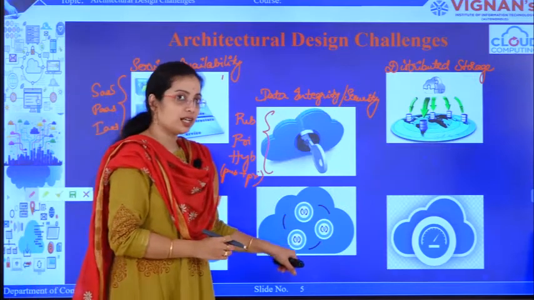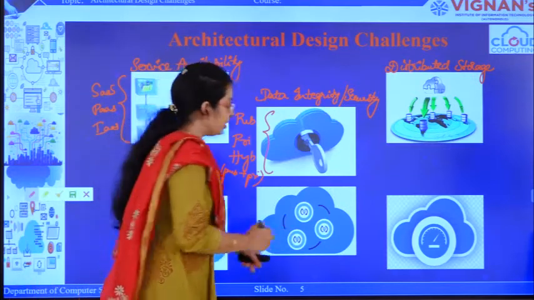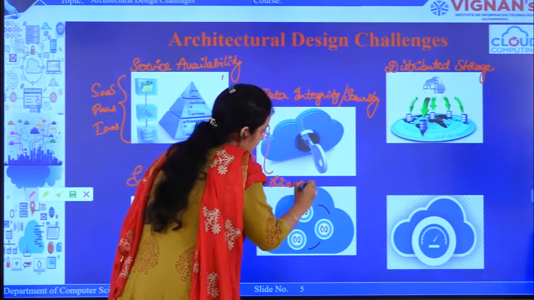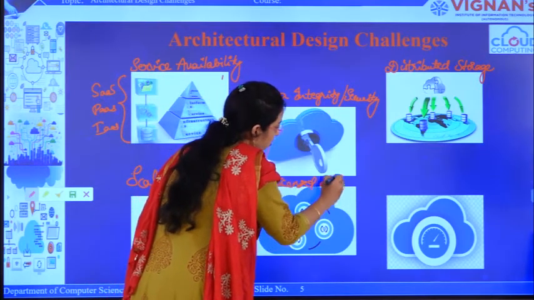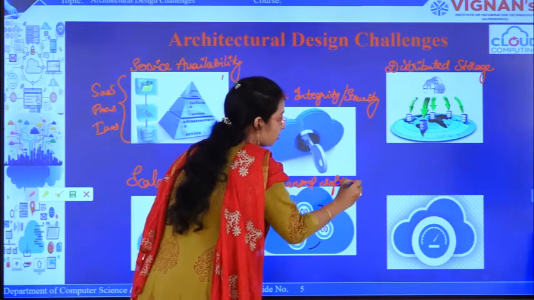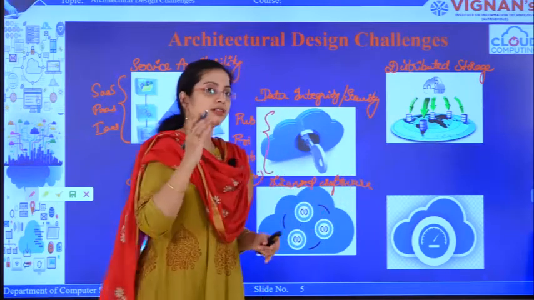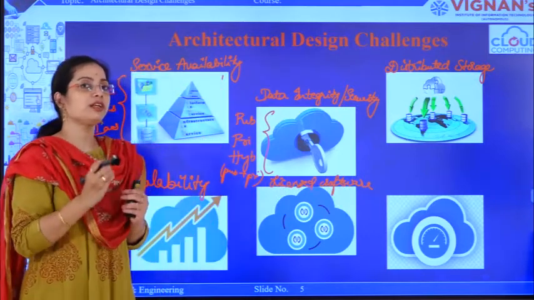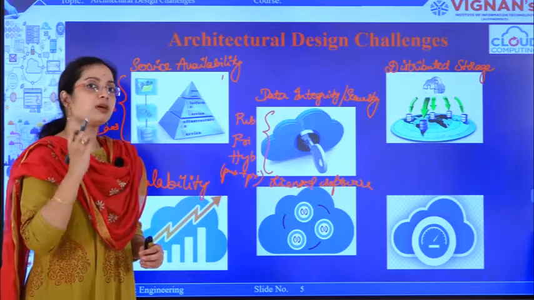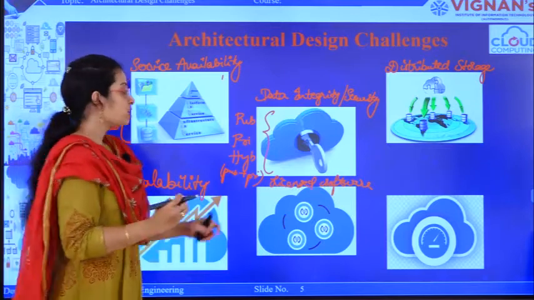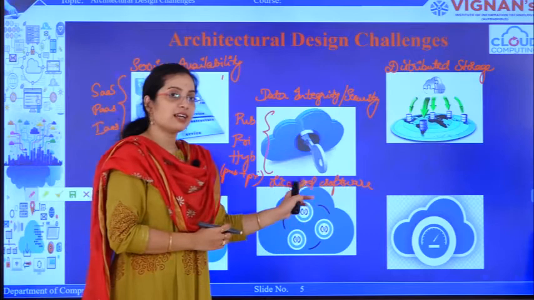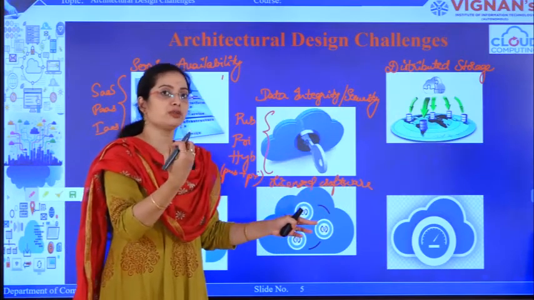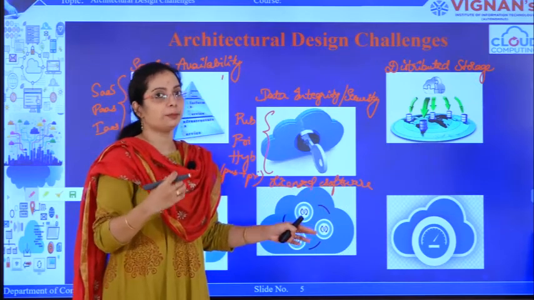And the next challenge of this architecture could be licensed software. The cloud is being used by an individual person, a customer, an organization or an industry to serve their requirements or to perform some applications using software. In that case, we require licensed software in order to access or provide the service to the users who are lending that particular application.